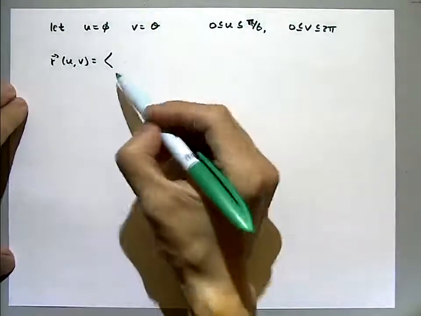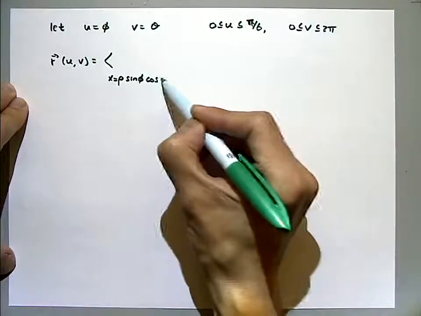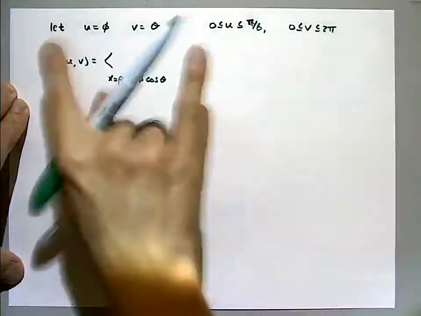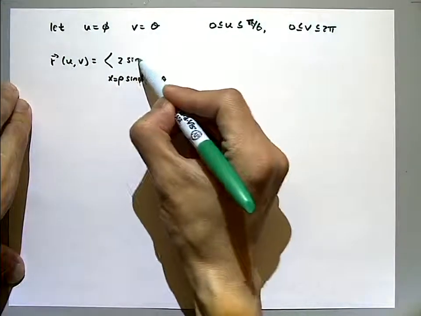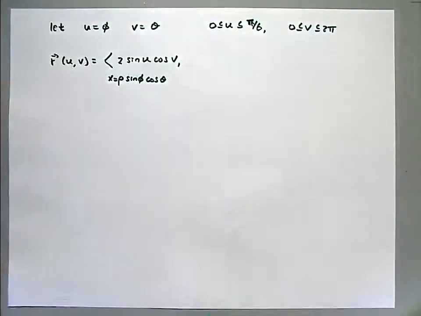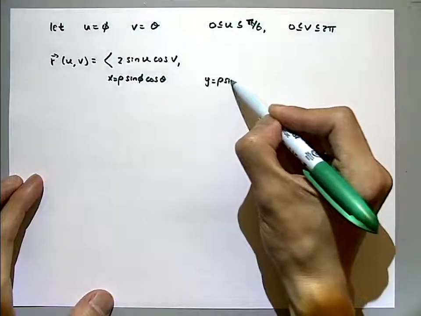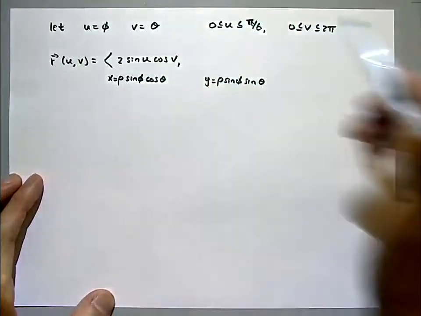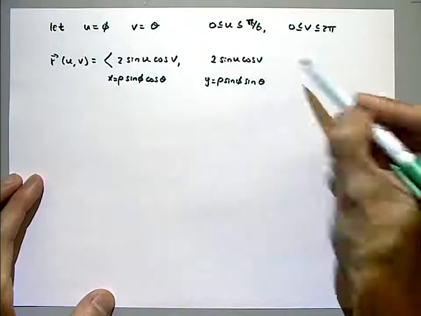remember x component, x is equal to rho sine phi cosine theta, right? So x in our new variables, rho is always 2, we got that. X is 2 sine u cosine v. And y is equal to rho sine phi sine theta. So in our new variables, this would be 2 sine u sine v.